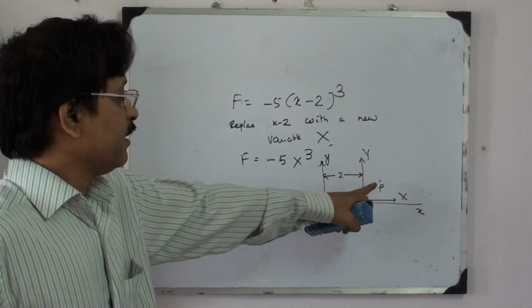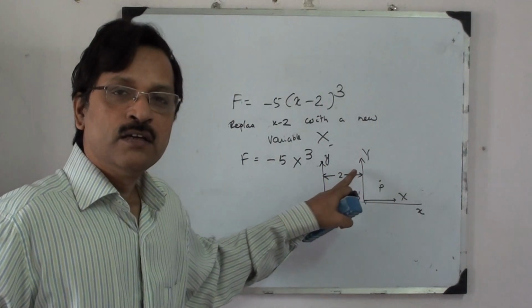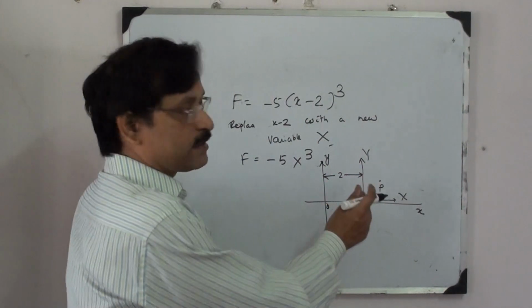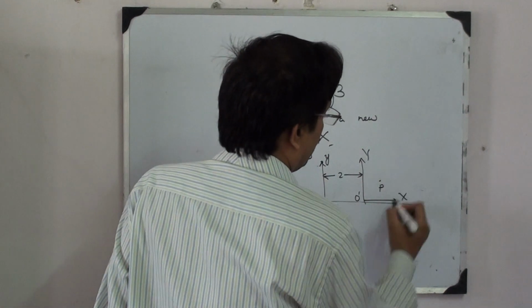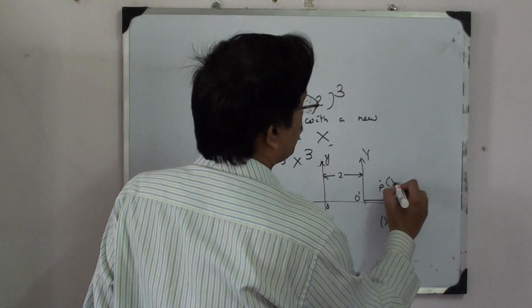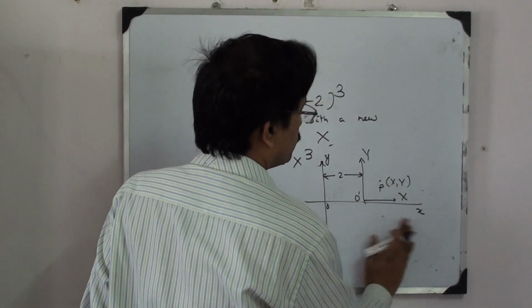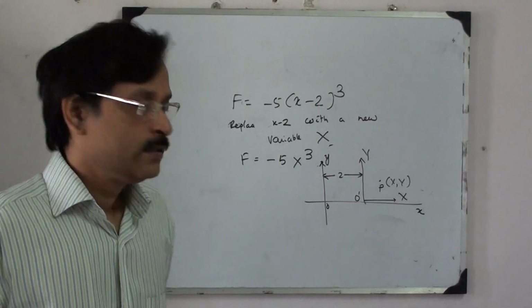The point P: a person sitting in the capital X, O dash, y reference frame describes point P as having coordinates capital X and y in his local coordinate system. The local coordinate system will be X, O dash, y.